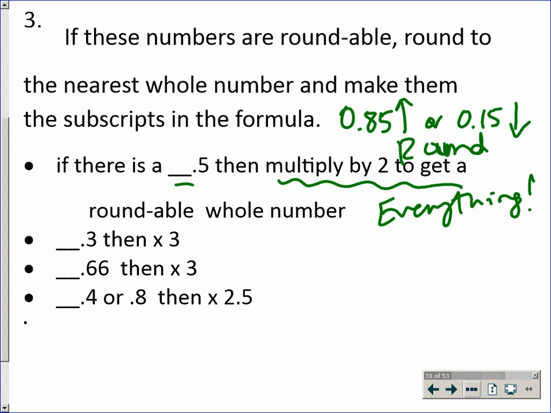So I'm going to give you guys a second to see this, write down the rounding rules. So we may not see all of these rounding situations today, but I want you to have that as a reference if you need it on your problem set.